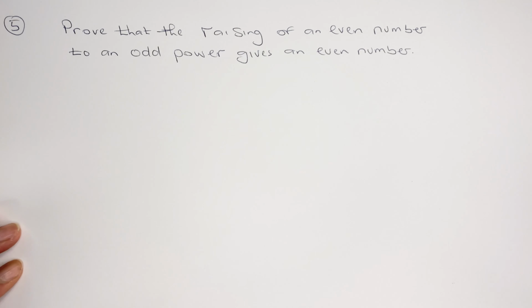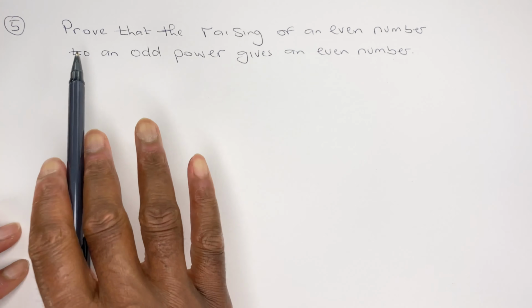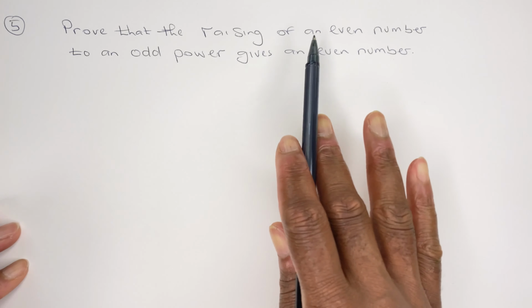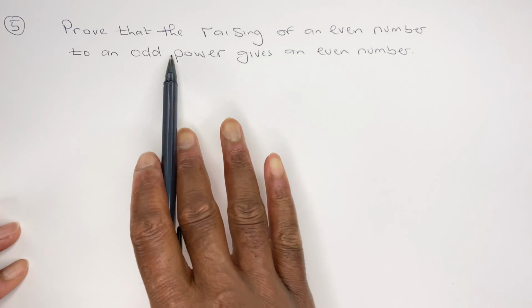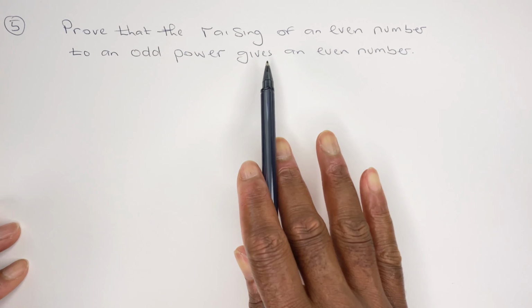Now question 5. We need to prove that the raising of an even number to an odd power will give an even number.